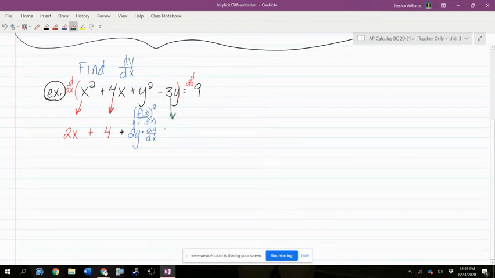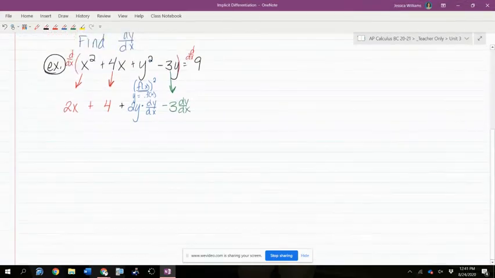Maybe you're not scared of him, but it's 3 dy dx's, negative 3 dy dx's, for the same reason. All right, equals 0. Derivative of a constant, 0. That is the calculus. That is the new calculus for today for this lesson.